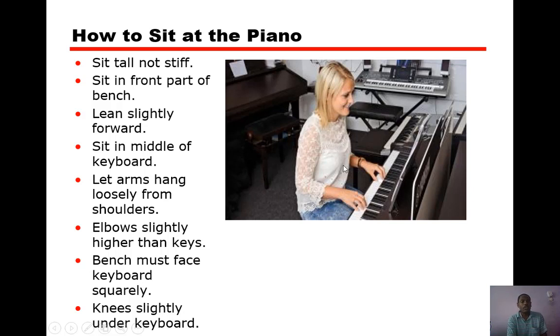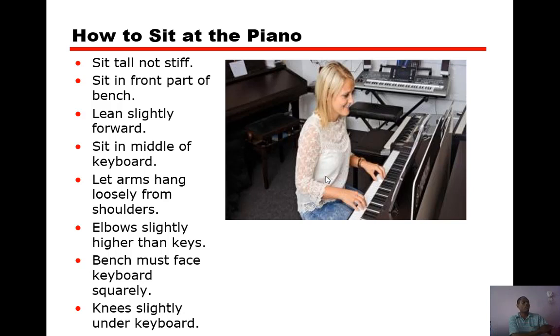Always make sure that you sit in the middle of the piano, or where the middle C is. You should position yourself at the middle C of the keyboard, and let your arms be loose, or your arms should hang loosely from your shoulders. Your hand should not be moving up like this. So when you sit behind the piano, your hand should be almost like 90 degrees.